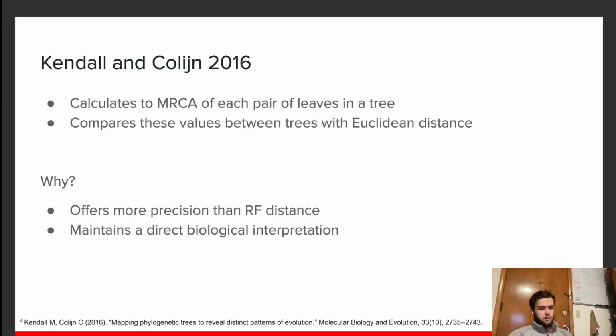So only integers from 0 to 15 doesn't give us very much coverage. And so having something that can be a decimal, like this metric, is preferable. And this metric also maintains a direct biological interpretation, which is preferable because we just want to get at least one of these additional metrics that maintains biological interpretation.